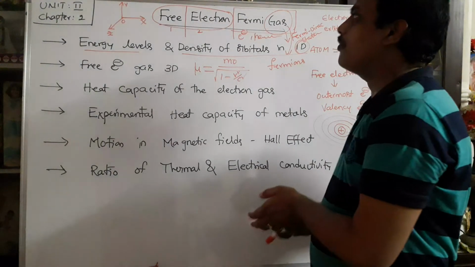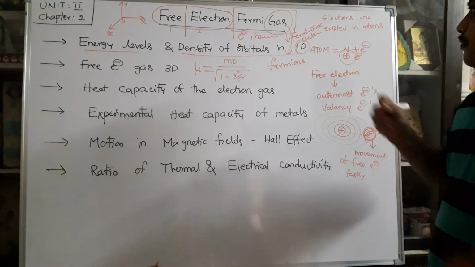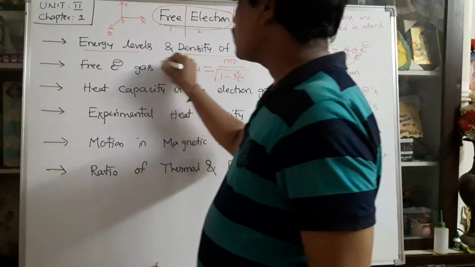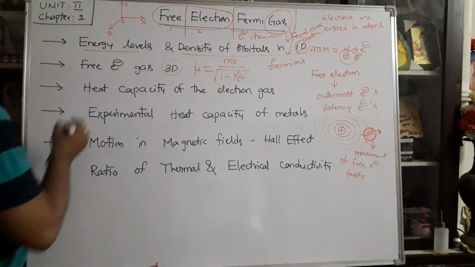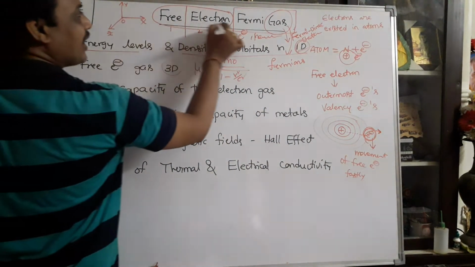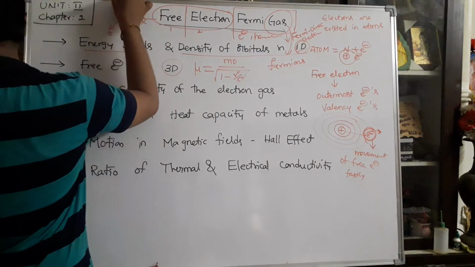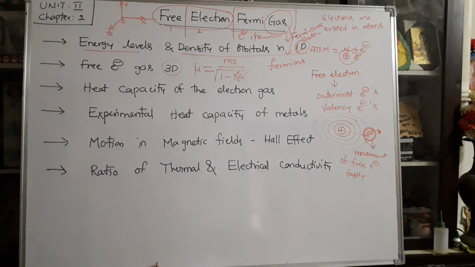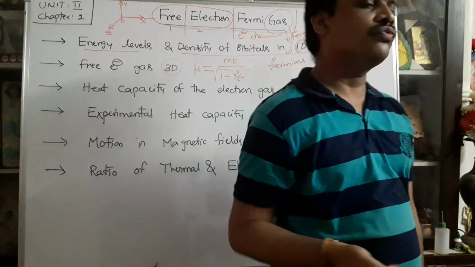But according to our chapter, free electron Fermi gas, you can explain the one dimensional case, and the three dimensional case is also explained. What is one dimension and what is three dimension? One dimension means you can explain the free electron state with respect to either the x direction or the y direction or the z direction. If any one direction is explained, then the explanation completely belongs to one dimension.